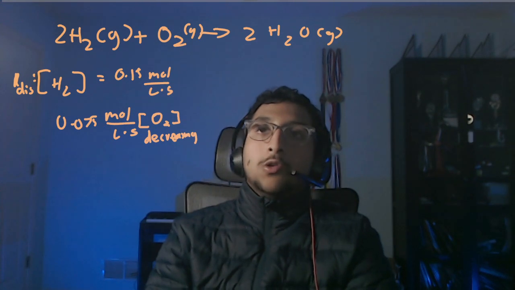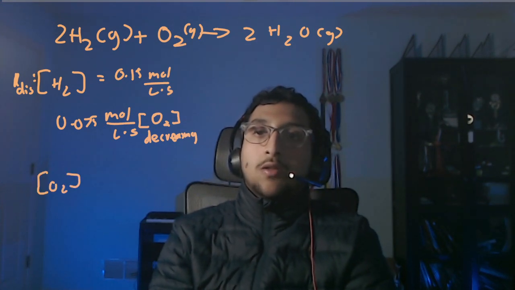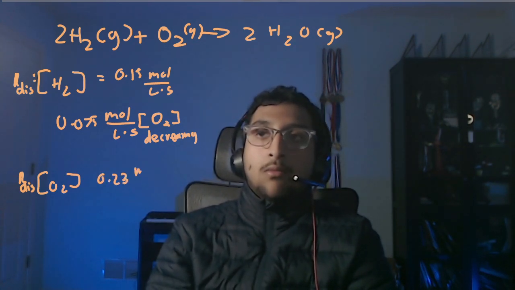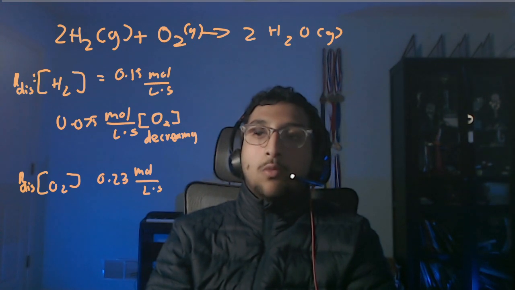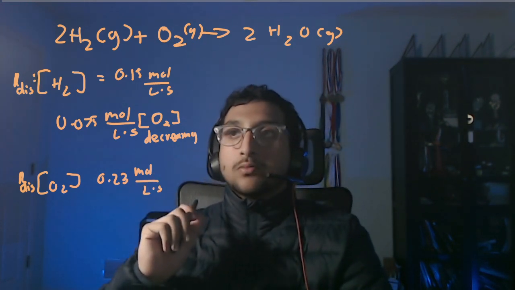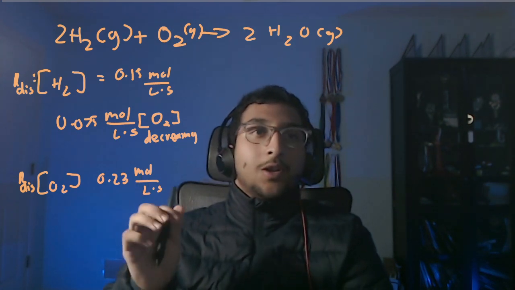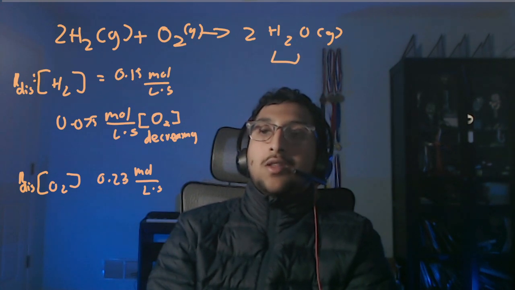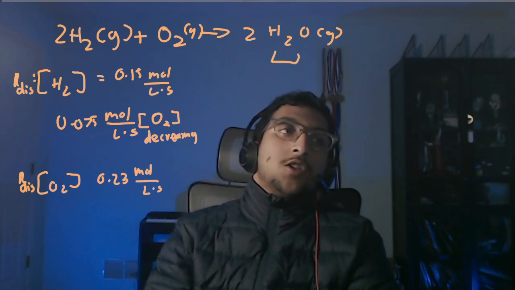So what if we were given that O2 decreases, so the disappearance rate is 0.23 moles per liter times second. What rate is H2O increasing at? And note all rates are positive again.